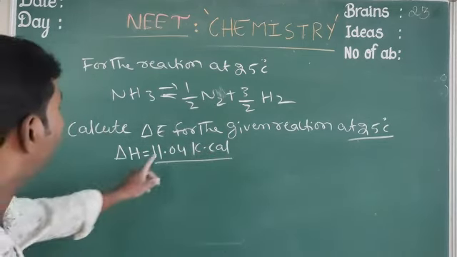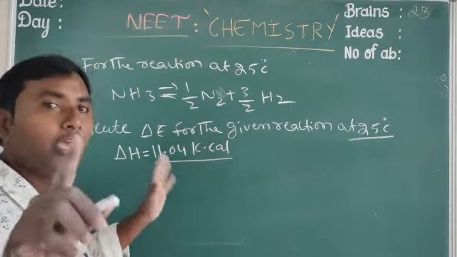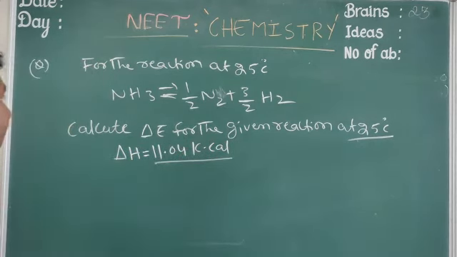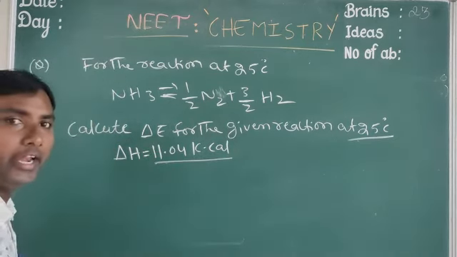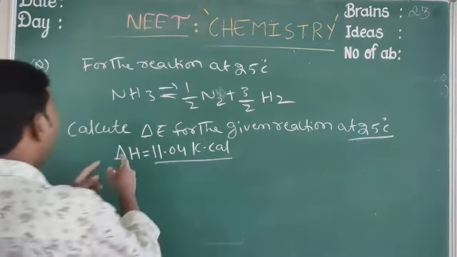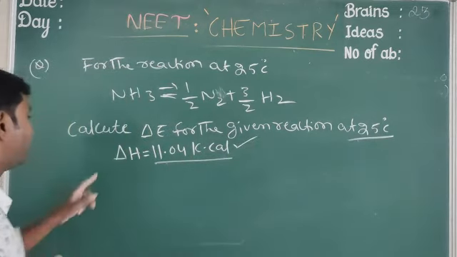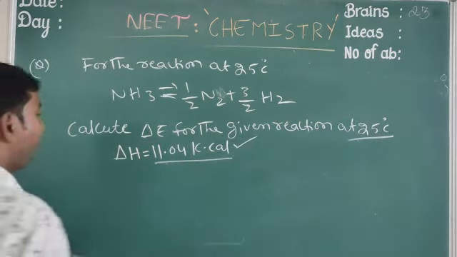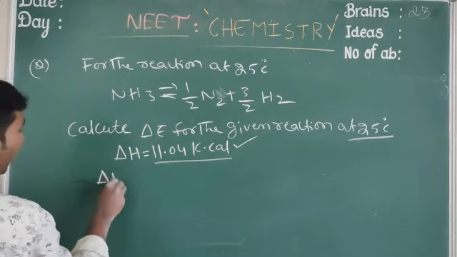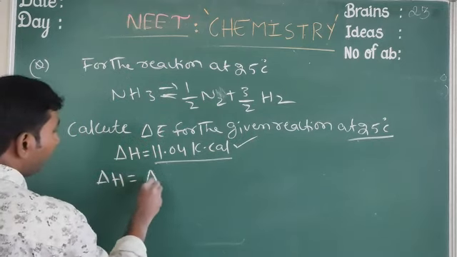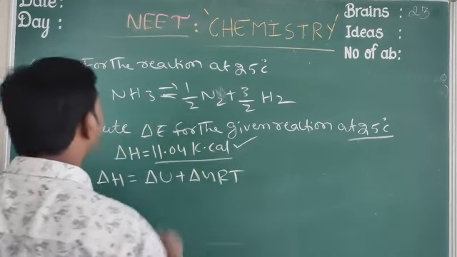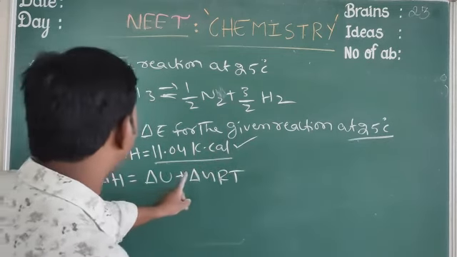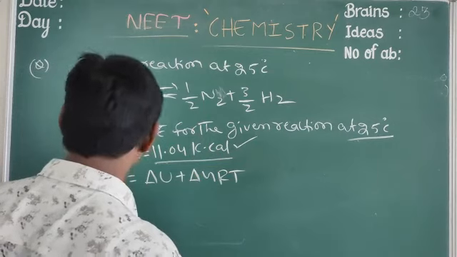So we want to find the change in internal energy. They gave the change in enthalpy value. That's why we use the formula del H equals del U plus del n R T.